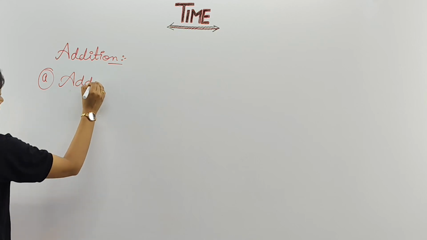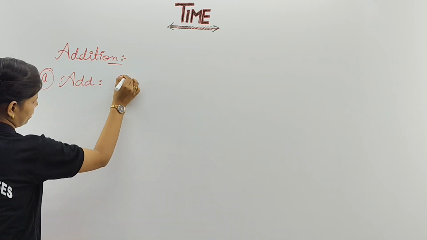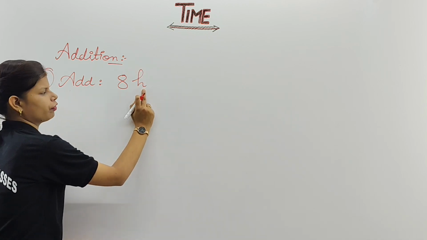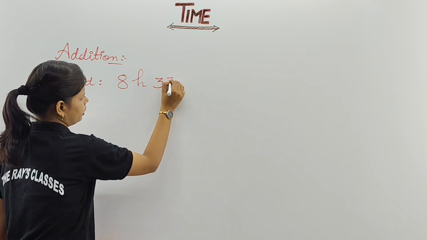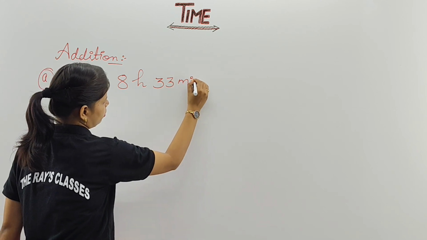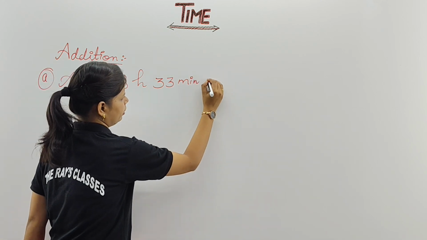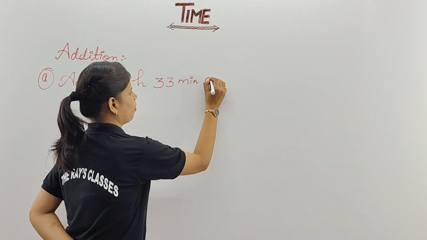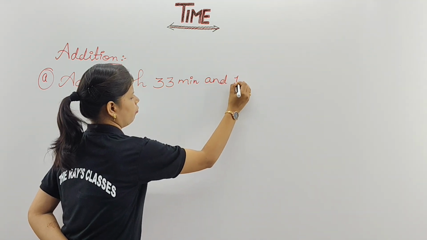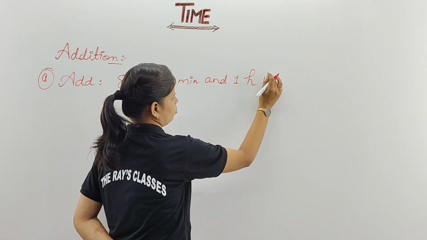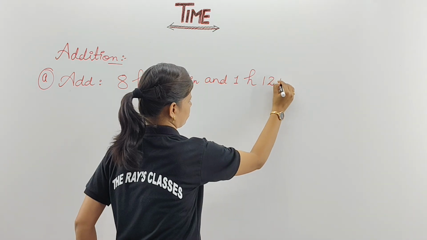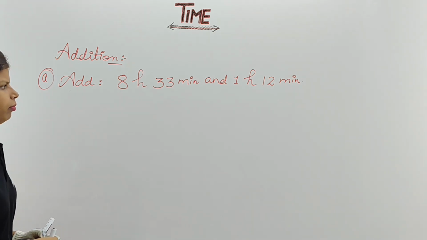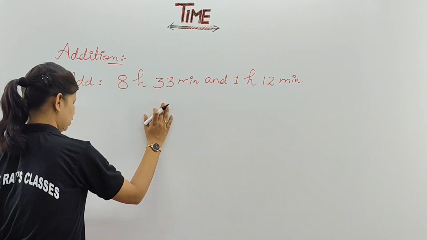I hope it is visible, 8 hours, the short form is H, 33 minutes, with, or you can write and, 1 hour 12 minutes. Clear? And means also you are going to use the same thing for that.